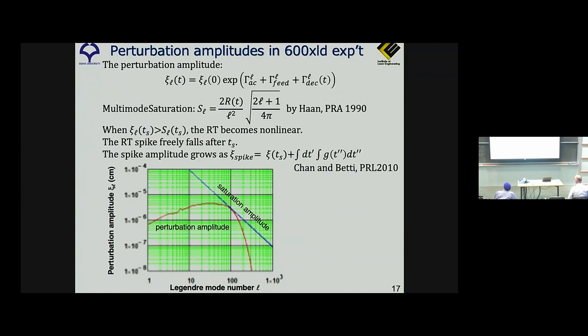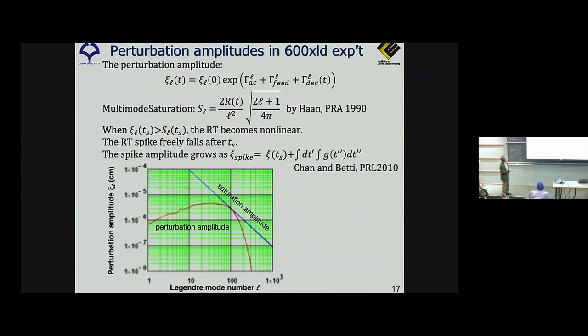So when amplitude Gaussian-T(S) is larger than the Hahn saturation amplitude, then the Rayleigh-Taylor becomes nonlinear, and the Rayleigh-Taylor spike freely falls after Ts.